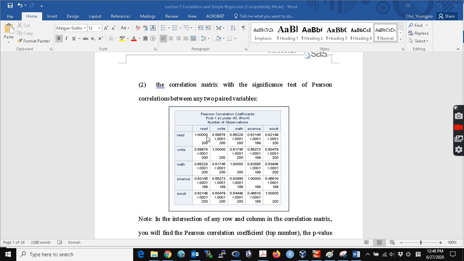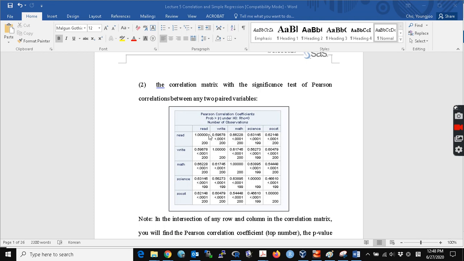Read and read, the Pearson correlation, they are the same variable, so we have one. And then this is read and write, read and math, read and science, and read and social study. And here we have the same value as write and read because the Pearson correlation coefficient does not change even though you switch the order of the two variables.